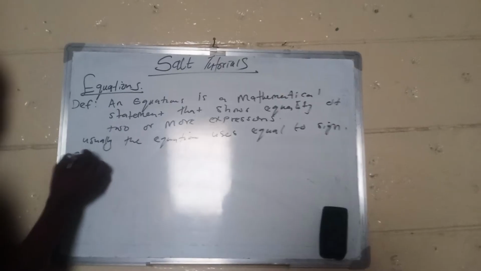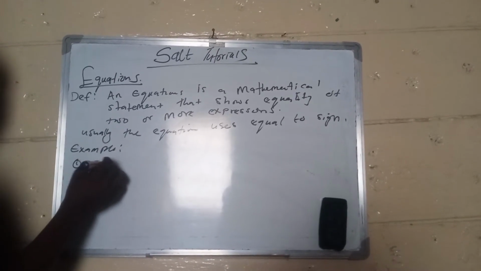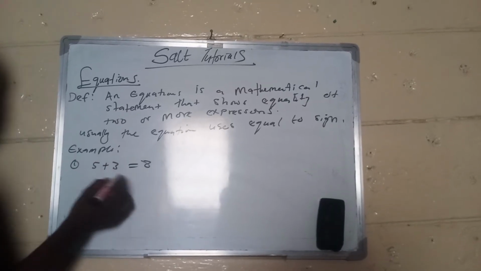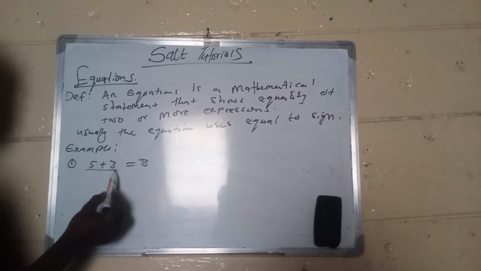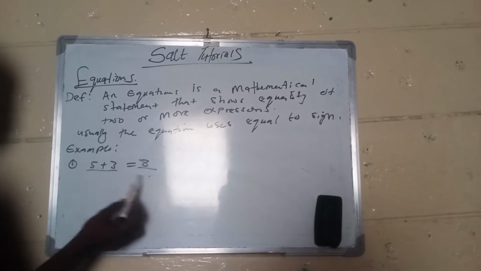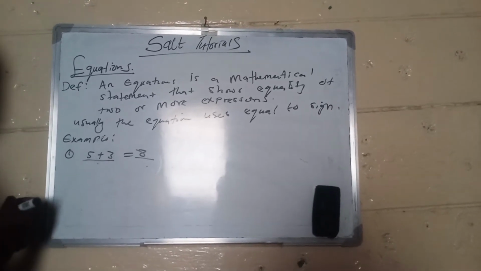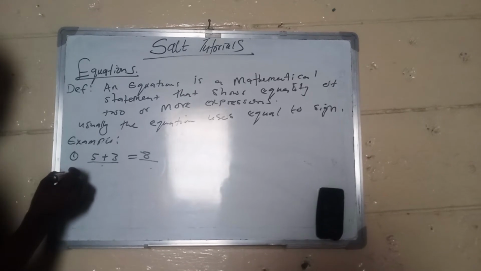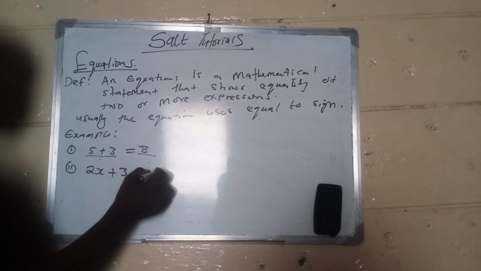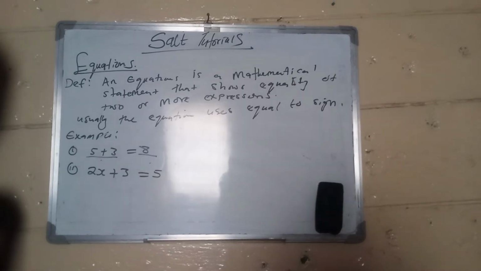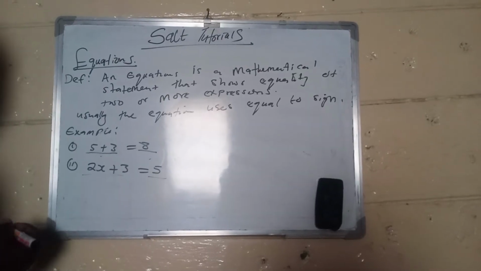For example, I can simply have two expressions written in the form of 5 plus 3 equal to 8. This is a mathematical statement which shows the equality of two expressions, expression 1 and expression 2. These two are basically equal to each other. So this kind of statement is called an equation. Or I can simply say 2x plus 3 is equal to 5. This kind of statement is an equation where the left hand side should equal the right hand side.